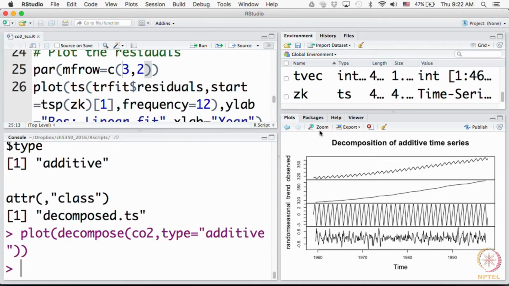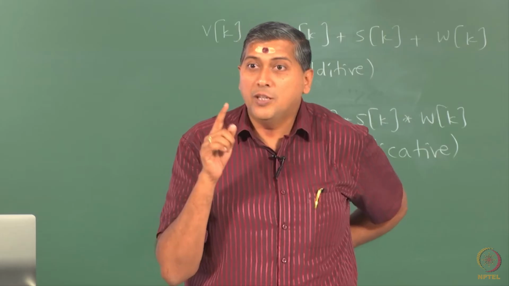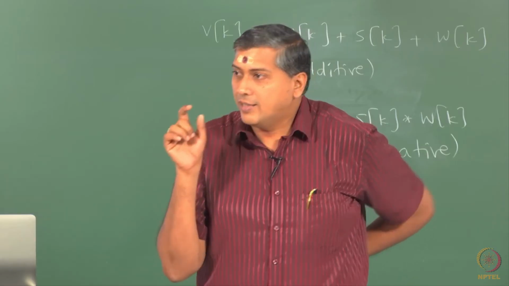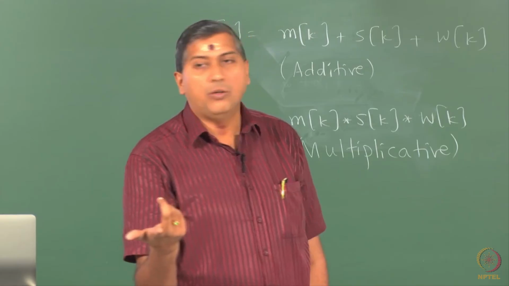So, here is the plot of the decomposition, but this is done in a non-parametric way, like the way I explained yesterday. How is a trend obtained? For example, in this kind of an algorithm, the trend is obtained by first knowing the periodicity. So, it assumes that you know the periodicity, and where did I specify the periodicity in the routine?